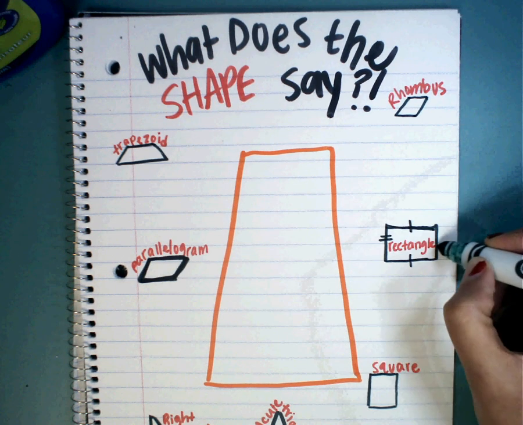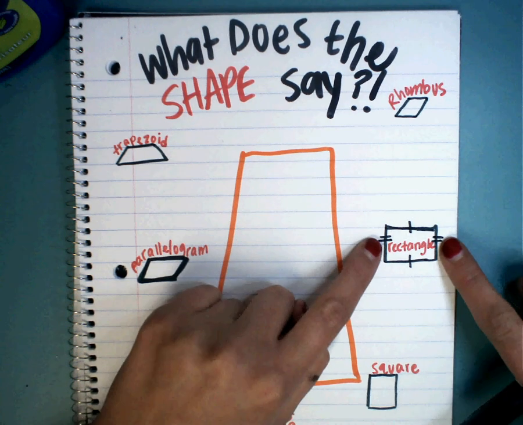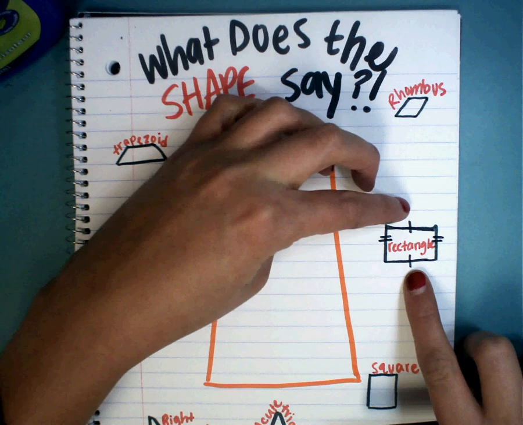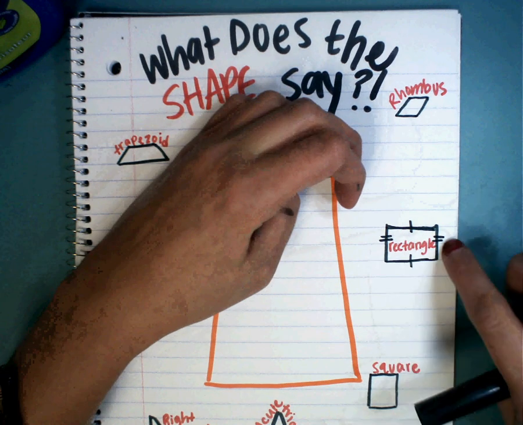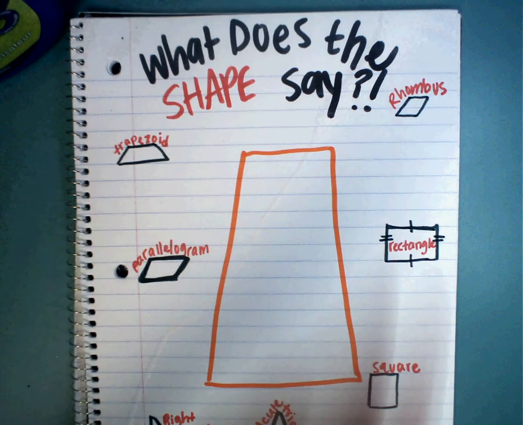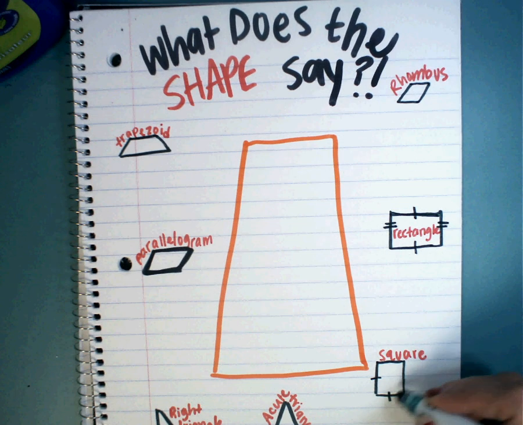The reason we do 2 on these is to show that these 2 are the ones that are parallel, these 2 are the ones that are parallel. Okay? If we just had 1, 2, 3, and 4, that would mean they were all parallel. Well, we know that that's not true, right? Okay? Same thing over down here. Well, on a square, we know that they're all the same size.